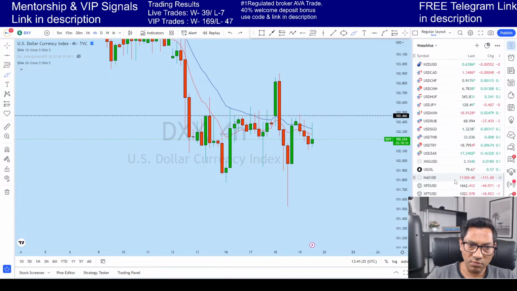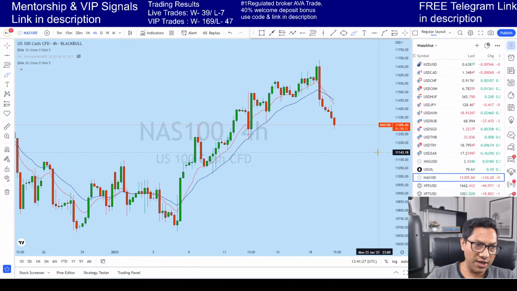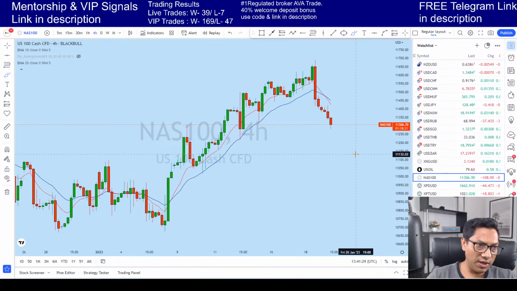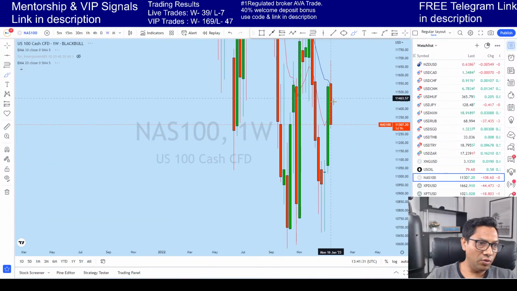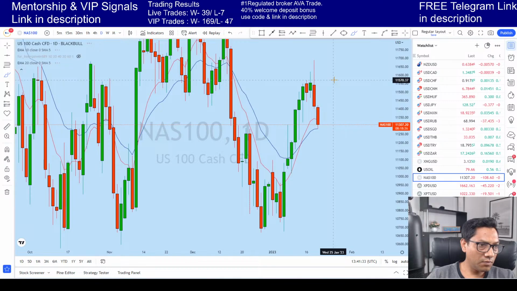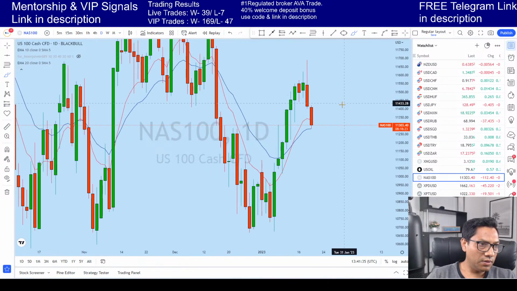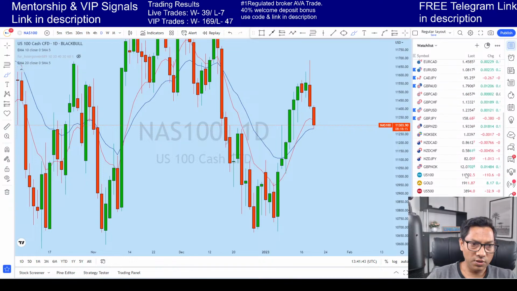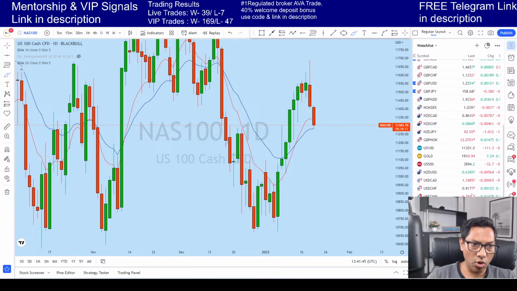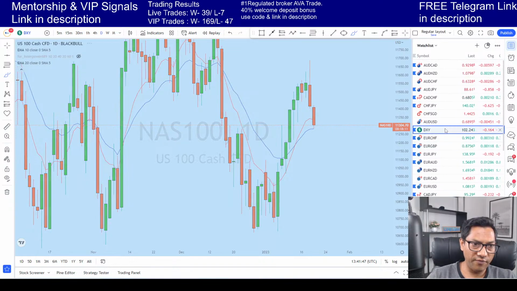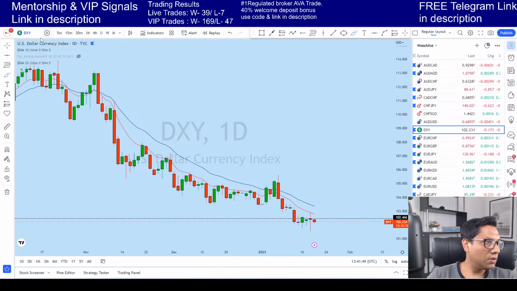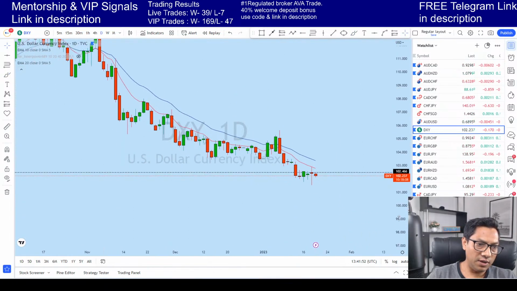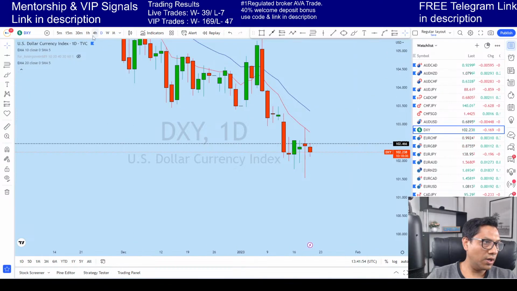Now we see the NASDAQ is coming down. As I mentioned earlier, if you look at the daily time frame, we might see that slowly it may prepare for another pickup. Once DXY drops, NASDAQ and other things will continue to rise.